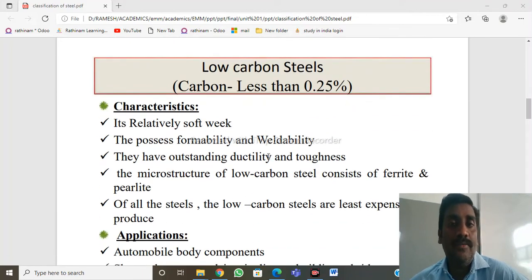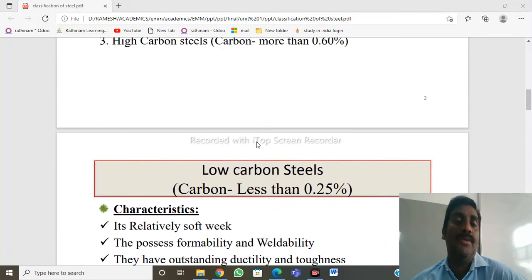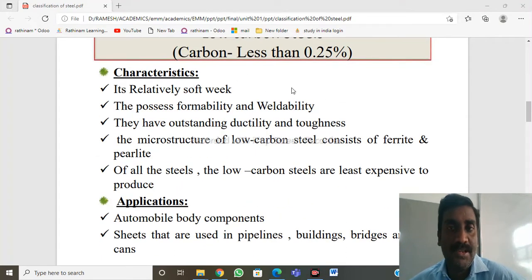Now we go in depth into low carbon steels. What is meant by low carbon steel? The carbon percentage is less than 0.25 percent. Where do we use it, and what characteristics does this material have? It is relatively soft and weak, because carbon percentage is the important parameter for the strength of the material.